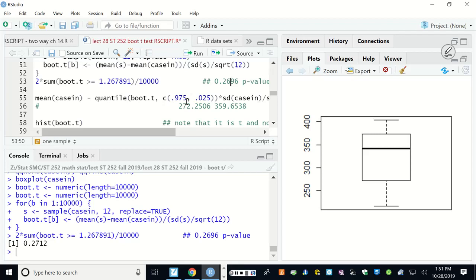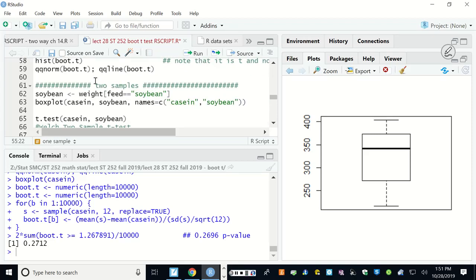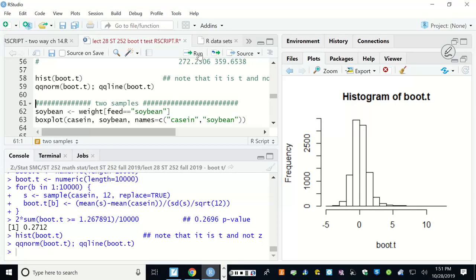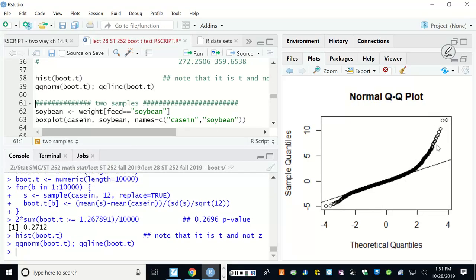We could actually look at those t-values. What do these values look like? Here's the bootstrap of the t. And you kind of get implied by that there's a bigger tail out here, right? The slight non-normality of the distribution of the weights of the chicken means this is a little bit non-normal. And if you do a QQ plot, it kind of gets that line.